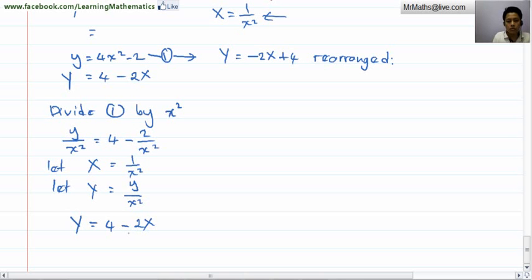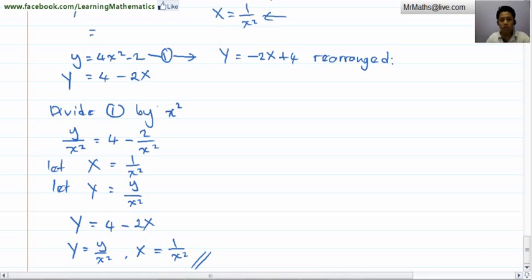So that means Y is equal to y over x squared and X is equal to 1 over x squared. So this is the answer. Cool. Easy stuff. But if you really analyze the situation, analyze the equation, strategize, and see any patterns emerging, then you can probably get the answers to these problems.